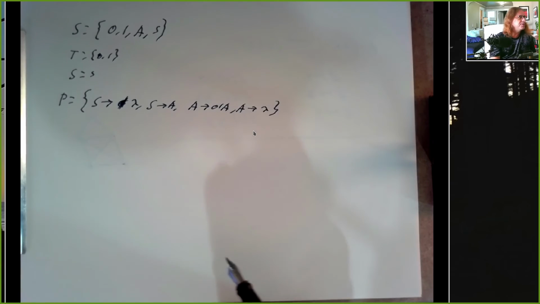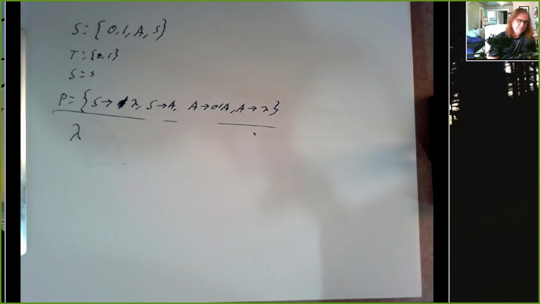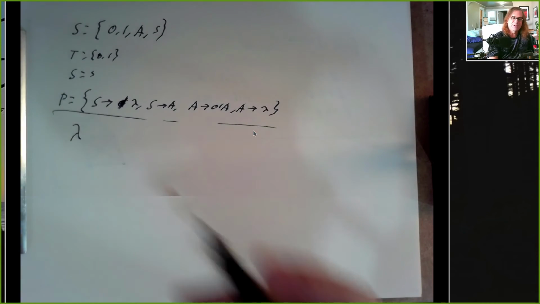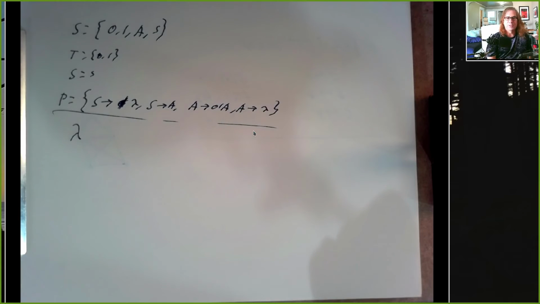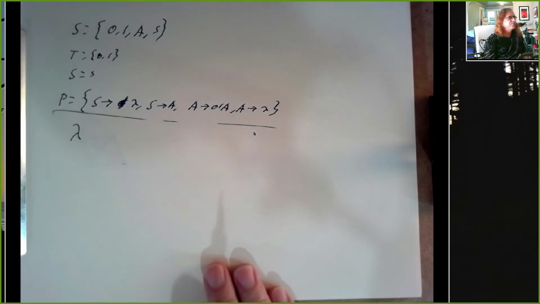So what strings are recognized by this grammar? Well, certainly the empty string, because the empty string is directly derivable from the start symbol. So that's one string recognized. What would be another string that would be recognized by this grammar? Something that we could get to from the start symbol using these production rules.